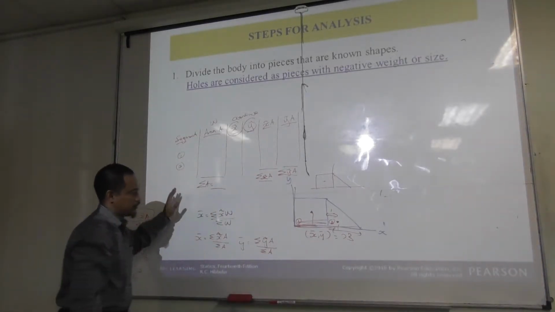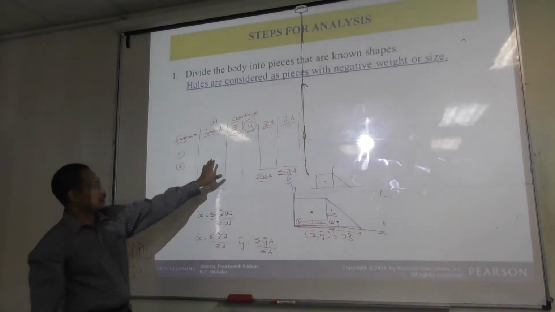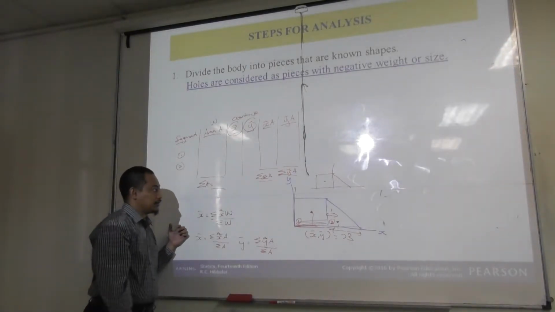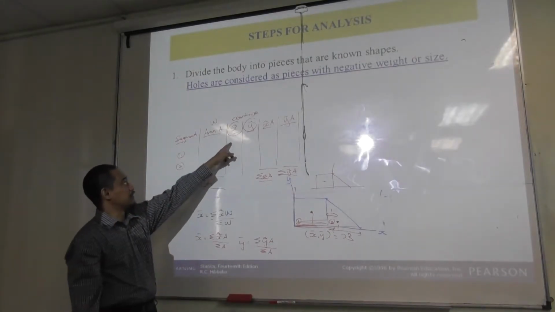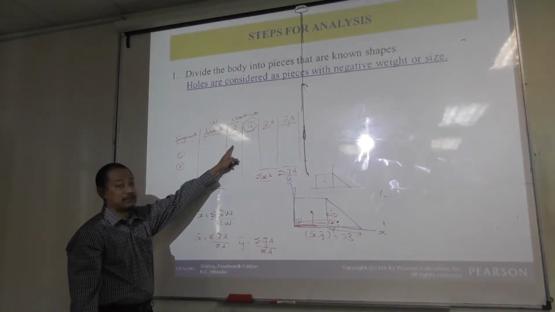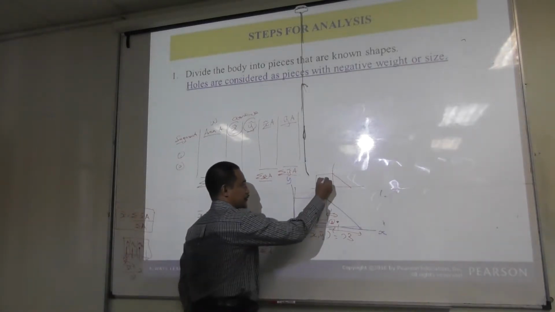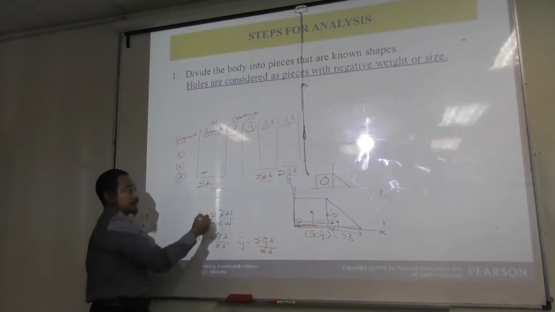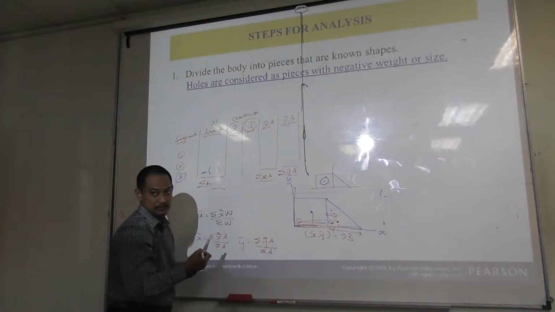Normally if a question like this chapter comes in the final exam, it should be very easy because you just make a table, plug in the value, use your calculator, and then you find the result. The only thing is that many students sometimes make a mistake in terms of the positive and negative, especially when you have something like this, or if you have a hole like this, then the area must be negative here, negative whatever value, because it is minus that area, right?